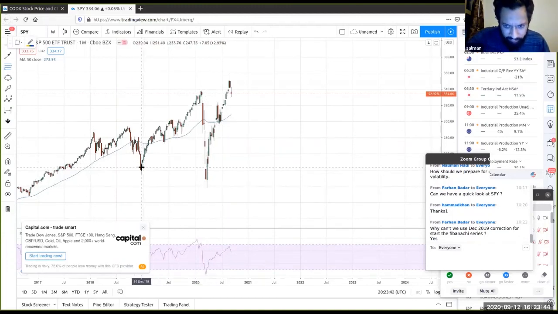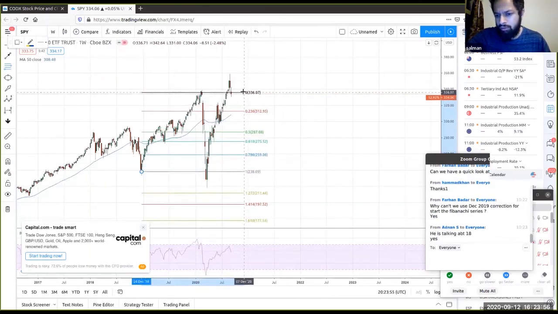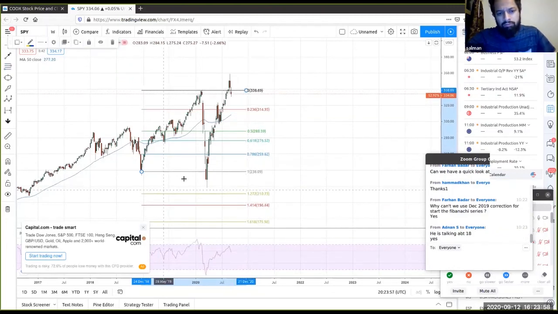This is March. December 2019. This is 18, right? We're talking about this one. If you do this one, no, but then this is the problem. There is no correction here. It goes well below. So this is not. There's no correction pattern here.